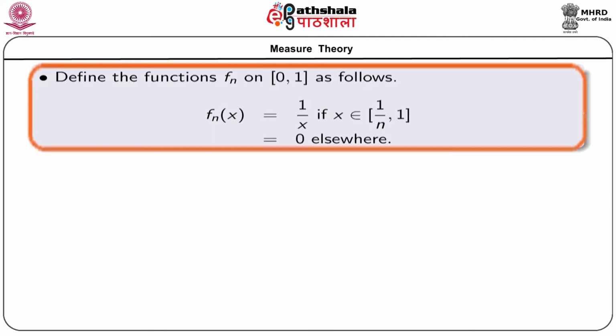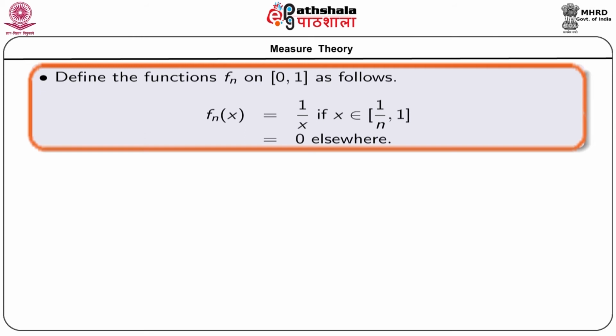So, we have obtained at least two convergence theorems which are not valid for Riemann integration, but are valid for Lebesgue integration, but it is not that everything is very positive here also.